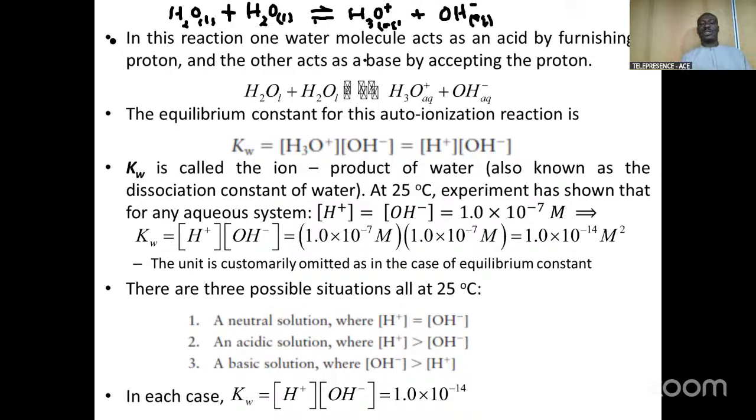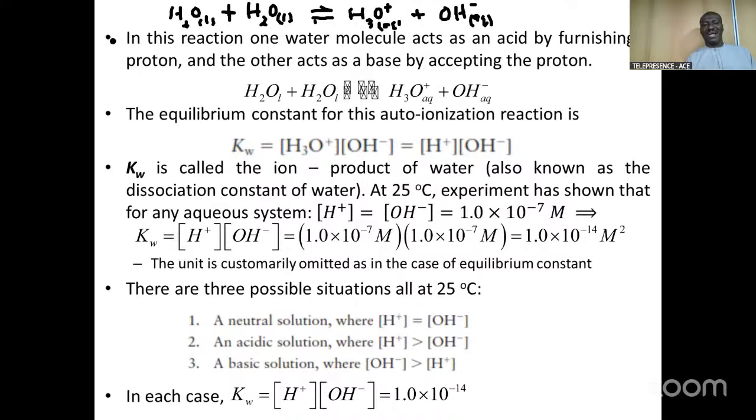Now let's look at this carefully. Here, if we call this the acid, of course they are the same, this acid is donating a proton here, and to form this, this is accepting the proton. So this acid is being stripped of a proton and becomes this.